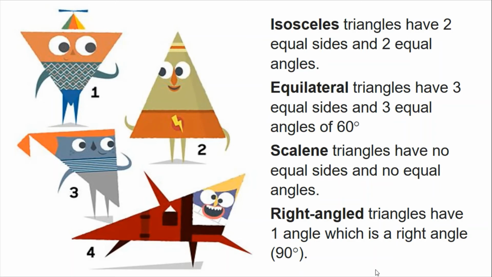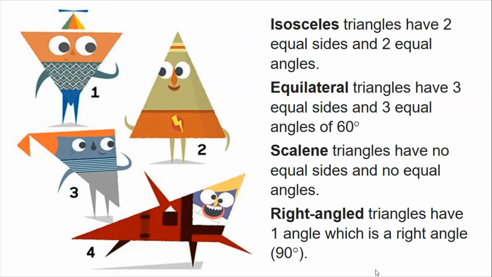Now I want you to have a look at these pictures and see if you can work out which is which. Some of them have been rotated round, as I said would happen, but you can still look out for those key properties. Remember that an equilateral triangle will be equal all round, so that all the sides will be the same. Remember, a right angle triangle will have a right angle somewhere on one of its points.